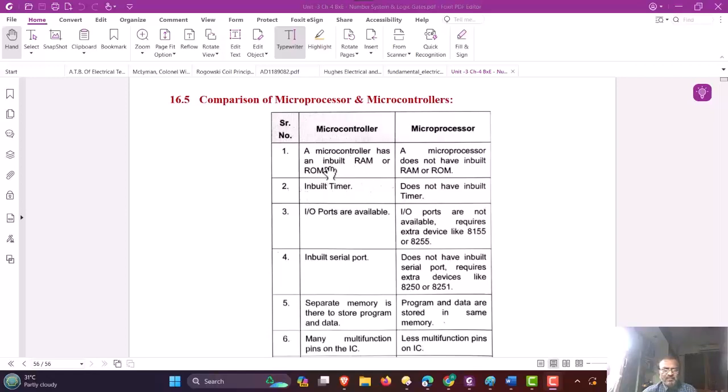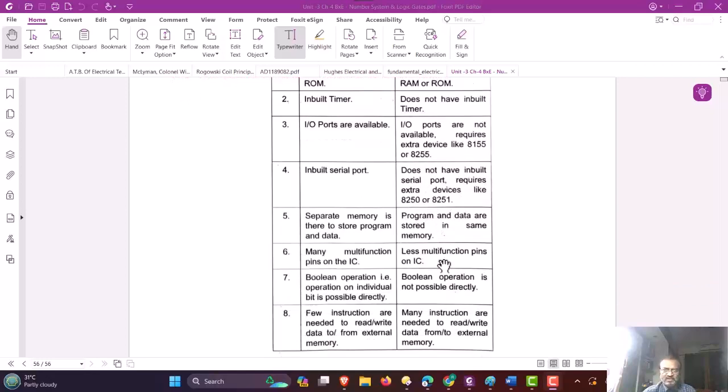Microcontrollers mostly have inbuilt timers, whereas a general purpose microprocessor doesn't have inbuilt timers; they can be implemented as separate peripherals. Microcontrollers have built-in IO ports and serial ports on chip, whereas in a general purpose microcomputer system, they are implemented using additional peripheral ICs like 8155 and 8255, which provide parallel IO ports, and 8250 and 8251, which provide serial ports. These are the additional IC chips.